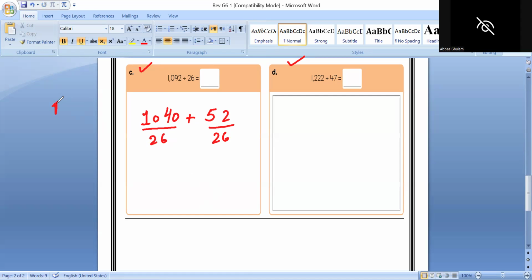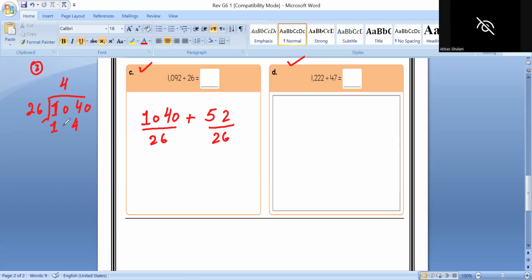So I will write inside the house 1040. Outside the house, 26. It means I need the table of 26. 26 times, for example, 4. How much? 6 multiplied by 4 equal 24. 4 is our carry here. 4 times 2 equal 8. 8 plus 2 equal 10.